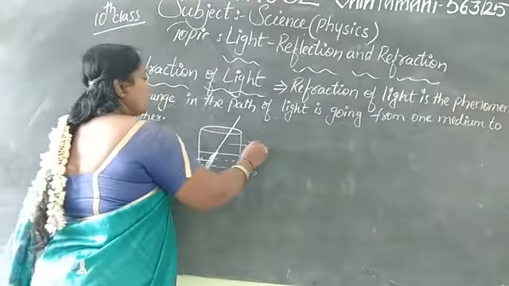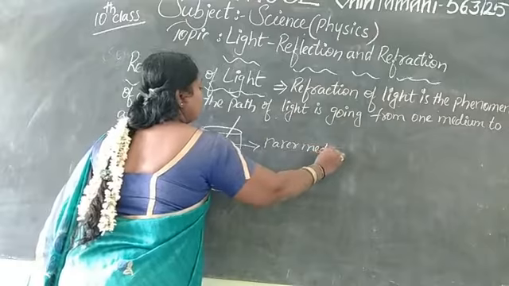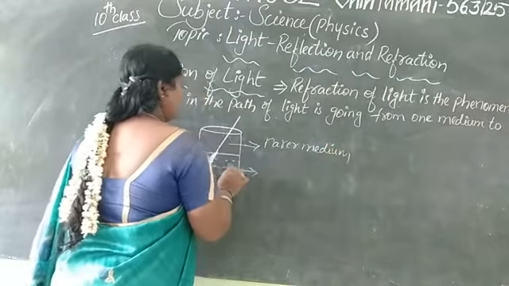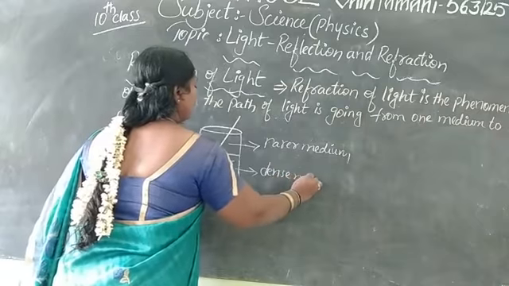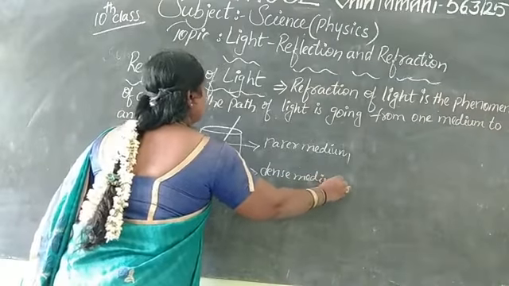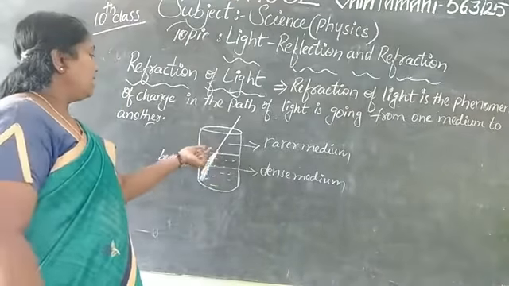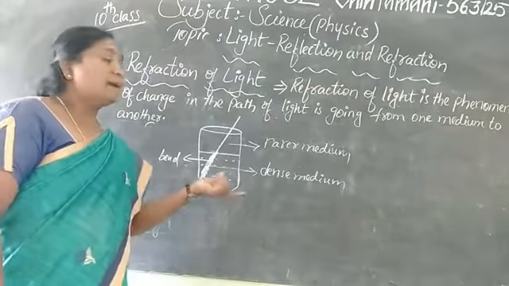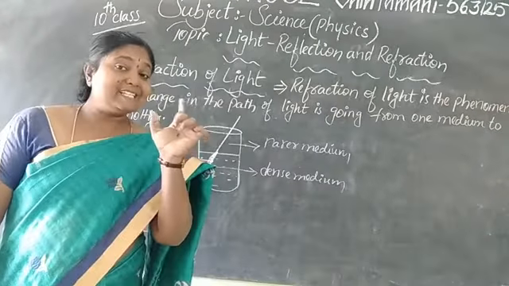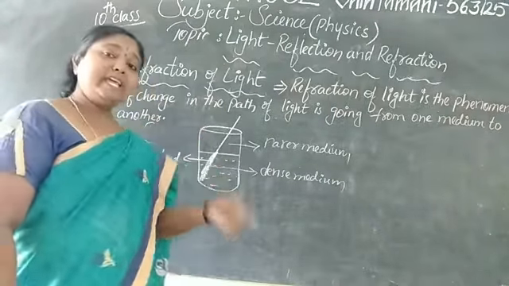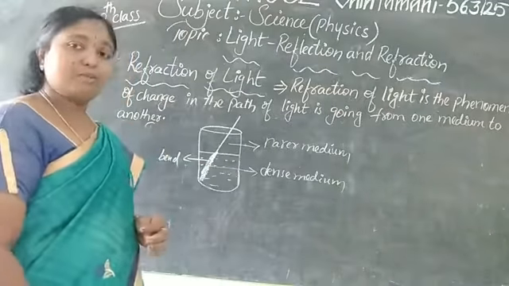Because this is the rarer medium, and the water is the denser medium. When the object enters from the rarer medium to the denser medium, we can see the bend of that object, and the size of that object also increases. When we take it out, it will be in the normal position.